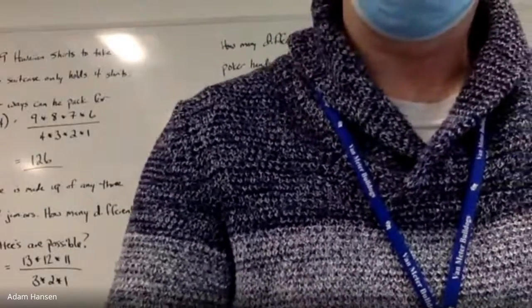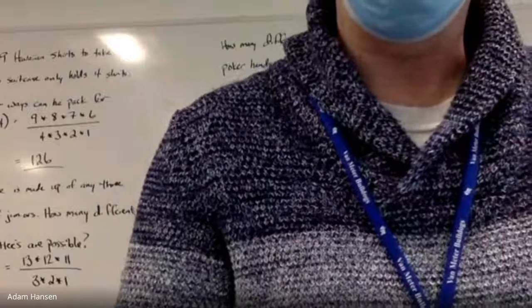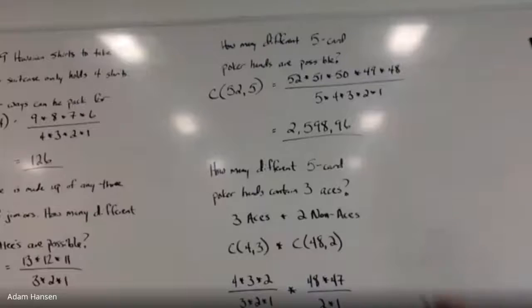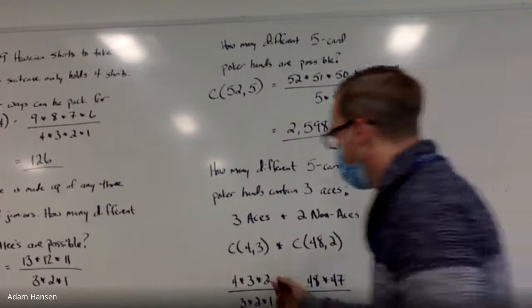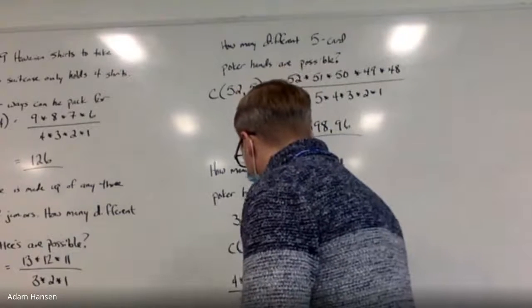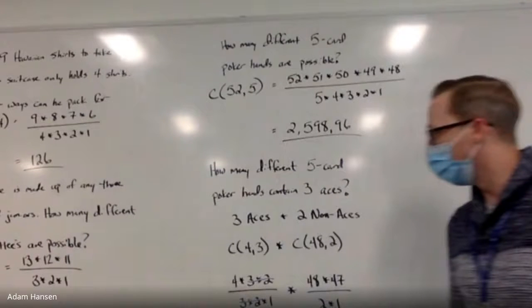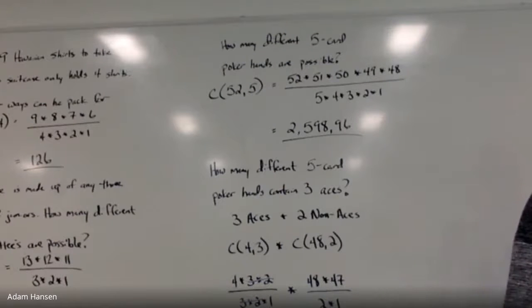So 4 times 3 times 2. Actually, this one you can do in your head. Check this out. What's going to cancel out from top and bottom here? Wouldn't it just be 4? There's 4 different ways to choose 3 things from any set of 4.